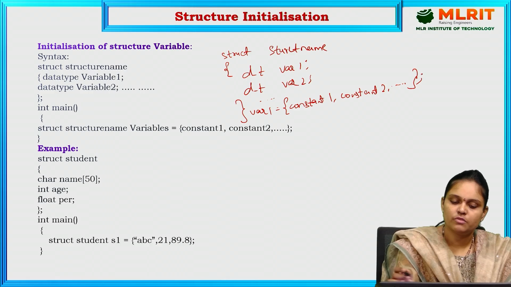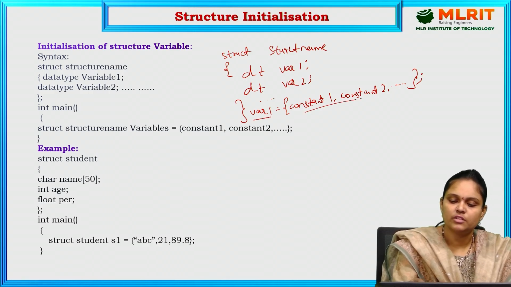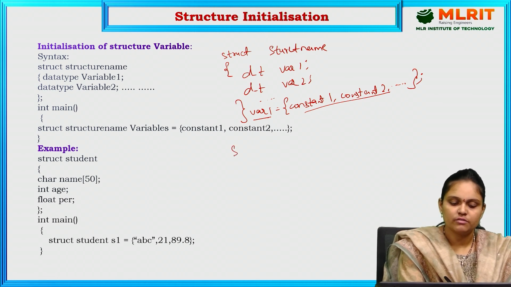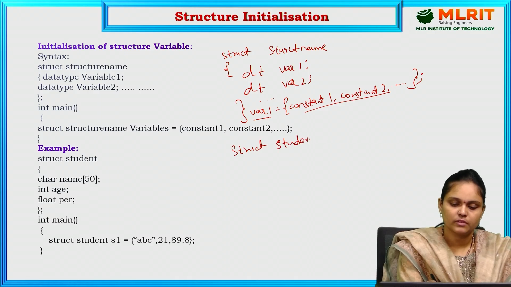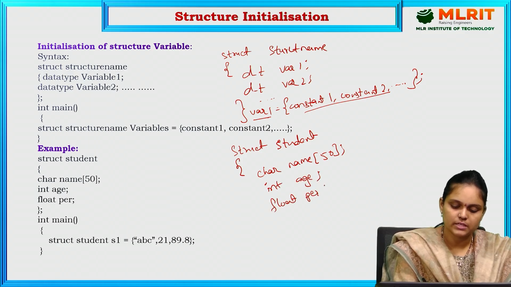So the variables and the values for those variables can also be initialized after the structure declaration. The example for that: struct student, the same example, char name with a capacity of 50 bytes, next int age, and next float percentage.